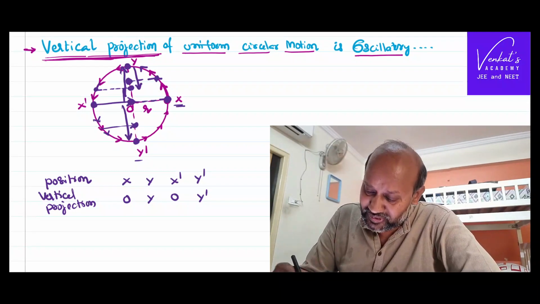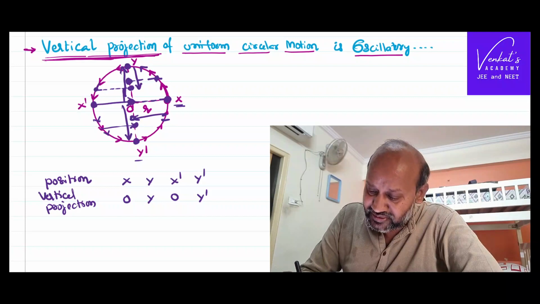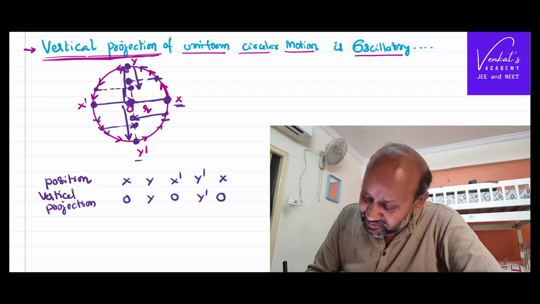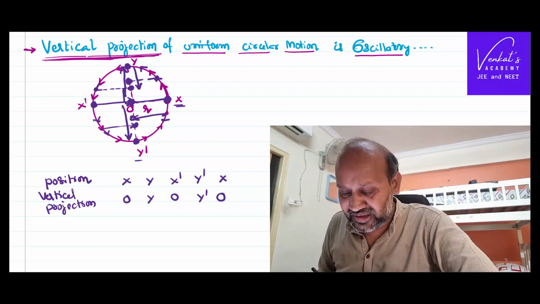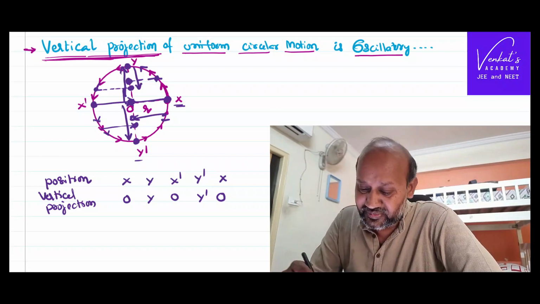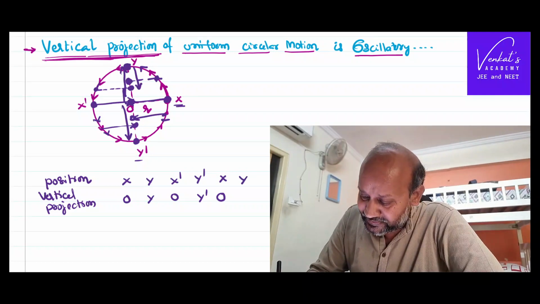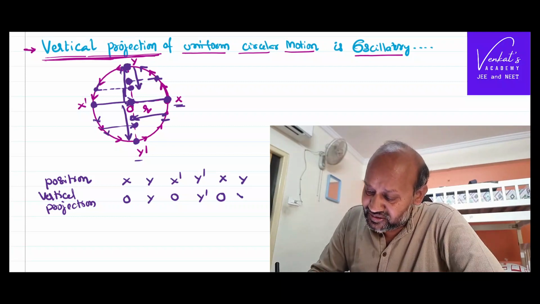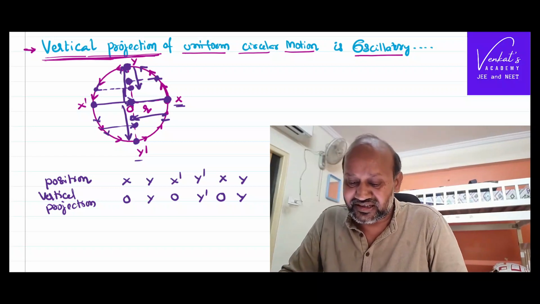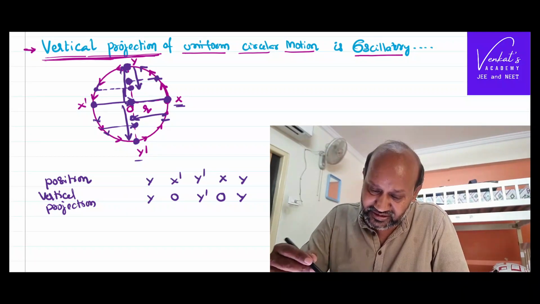If you repeat your motion, and go back to x, its vertical projection also goes back to O. So you just consider that you have started from the position y, so that it will be more convenient to understand the oscillatory motion.